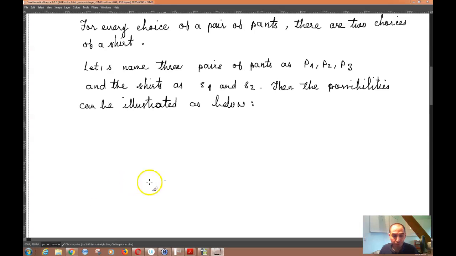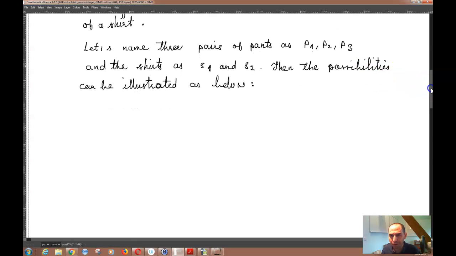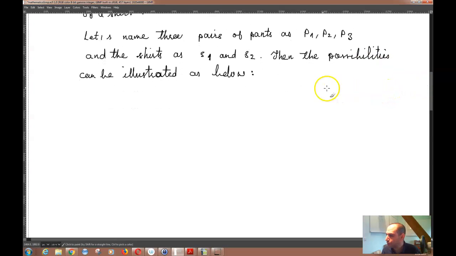Okay, so now in this situation we have 3 pants and 2 shirts, right? I can illustrate this problem very easily this way, meaning that I have pants 1, pants 2, and pants 3 over here.